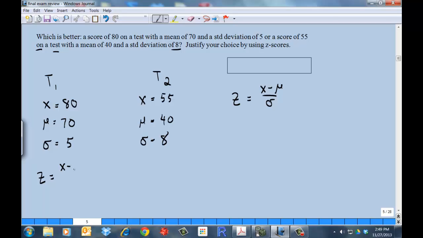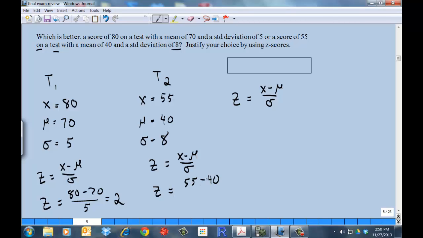X minus mu over sigma. So 80 minus the mean, standard deviation, get a z-score of 2, and then over here 55 minus 40 over 8 gives us a z-score of 1.875.